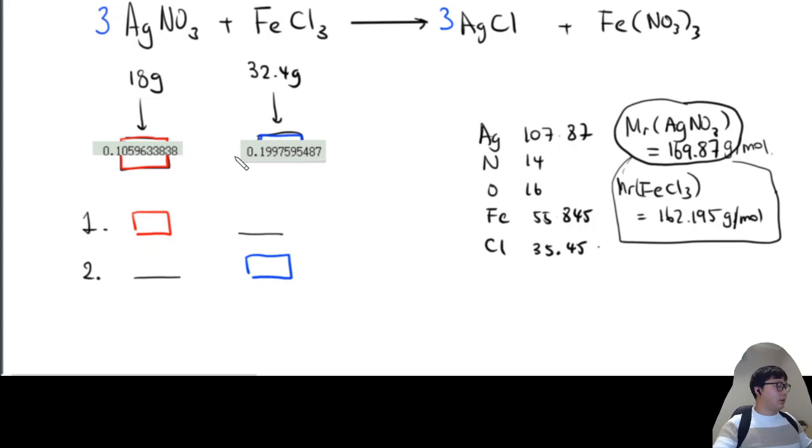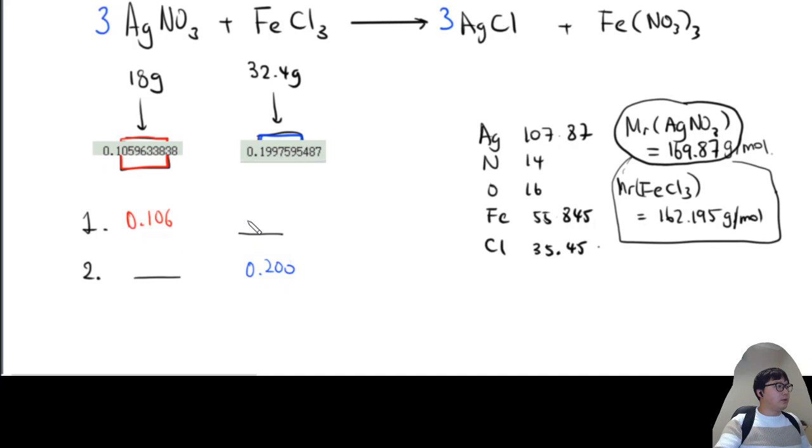Okay, so you've got to just write that here. 0.106, and this one is 0.2, just round it up.